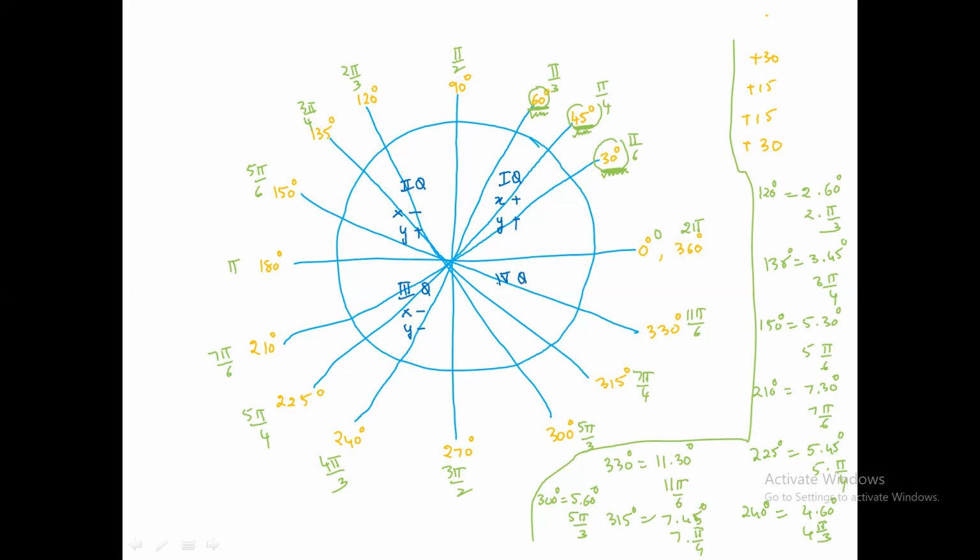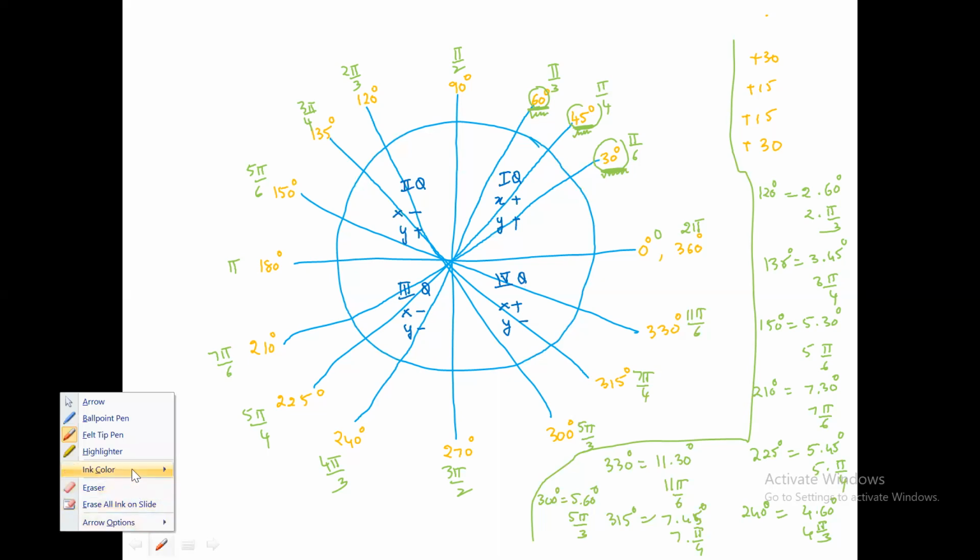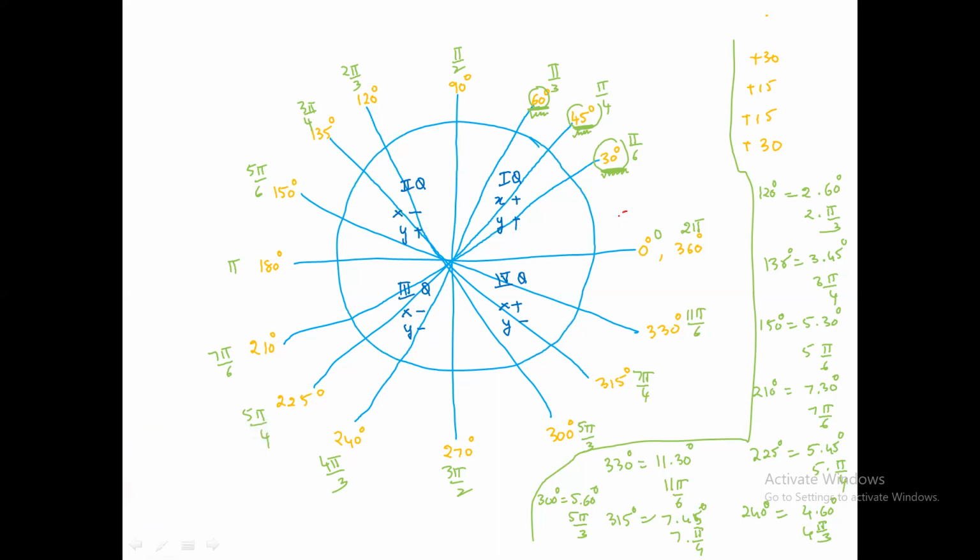In the fourth quadrant, X is positive, Y is negative. Why am I telling you X and Y? Because now when I write the values, I will write them as X and Y. X coordinate means cos, and Y is sin. I will write like X comma Y.